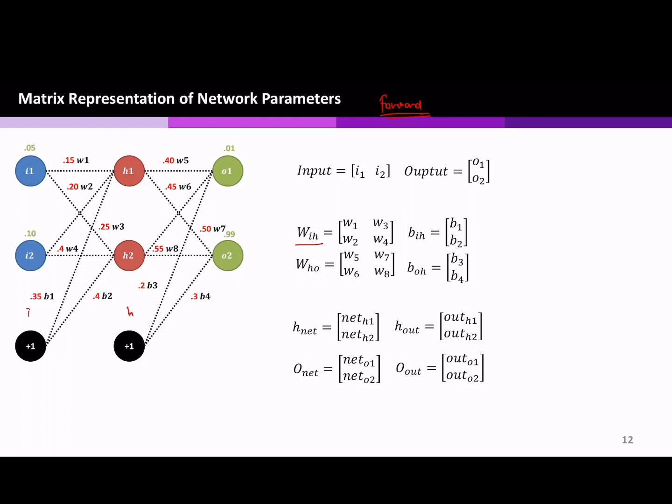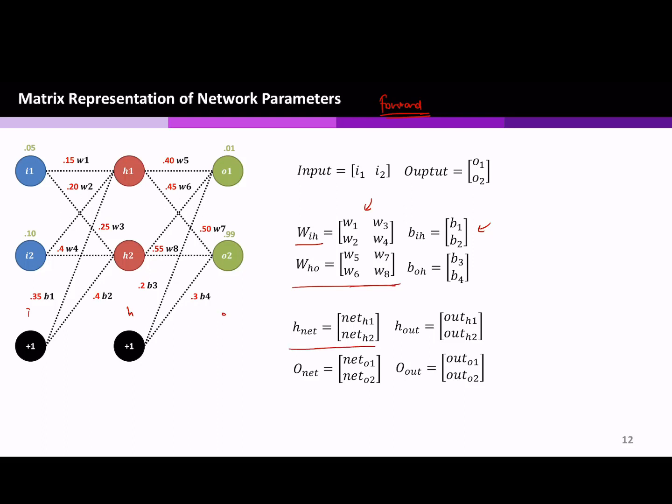We make a 2 by 2 array because there are two inputs and two outputs. As the number of input and output nodes increases, the size of this matrix also increases. This one is a bias term. And we can also make another matrix of the weight parameters between the hidden layer and output layer.